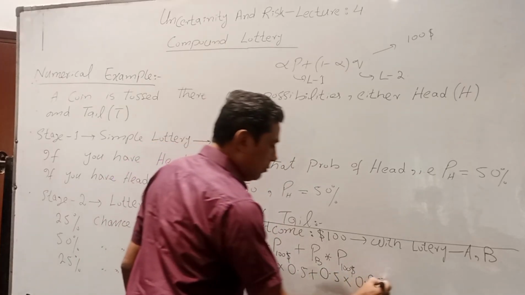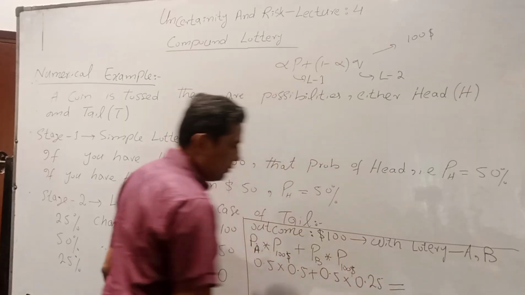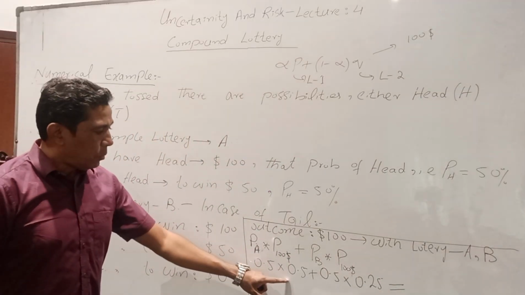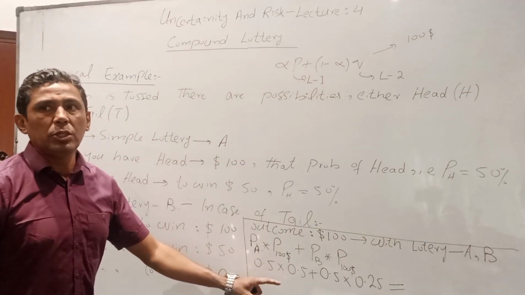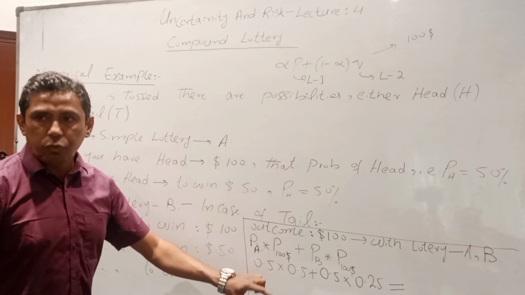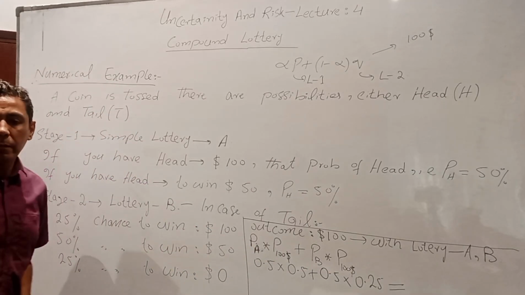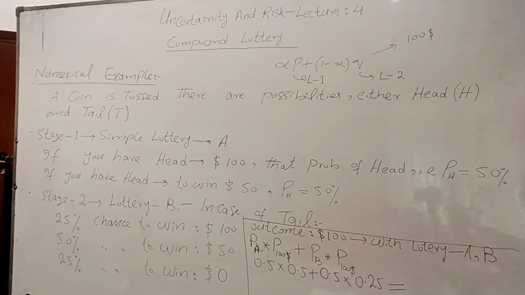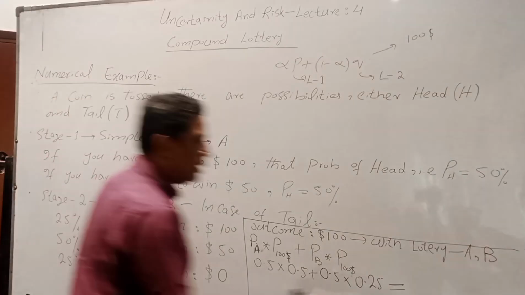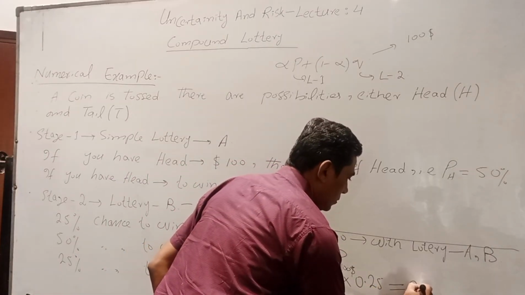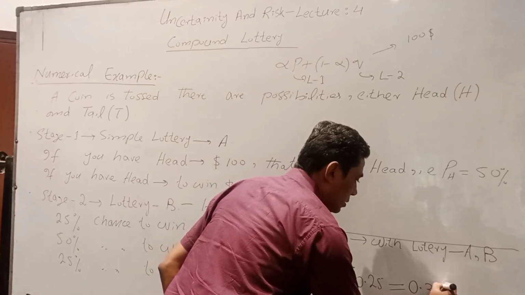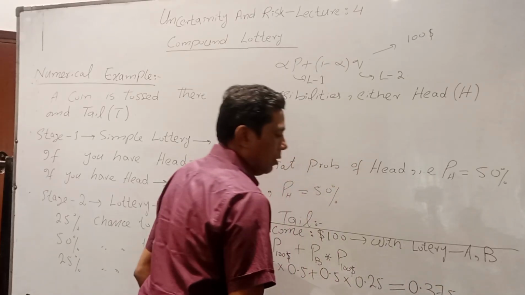So you have 0.5 times 0.5, 0.5 times 0.25, that is 0.125 plus 0.25, equals 0.375.